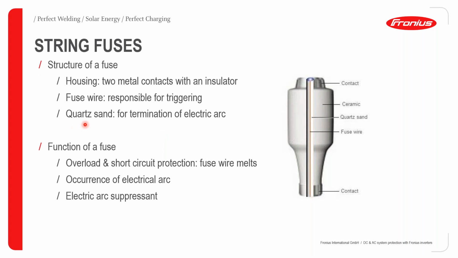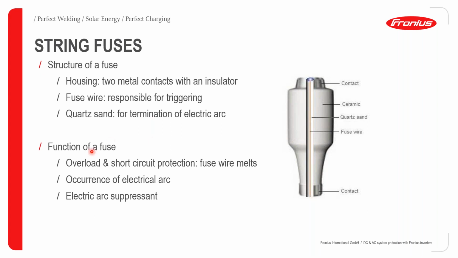And then we have in this particular example the quartz sand that is responsible for suppressing the arc, because every rupture of a fuse comes with a considerable amount of electrical arcing. So the best practice is to suppress this arc. In this example, the quartz sand is used for suppressing this arc accompanied with the rupture.